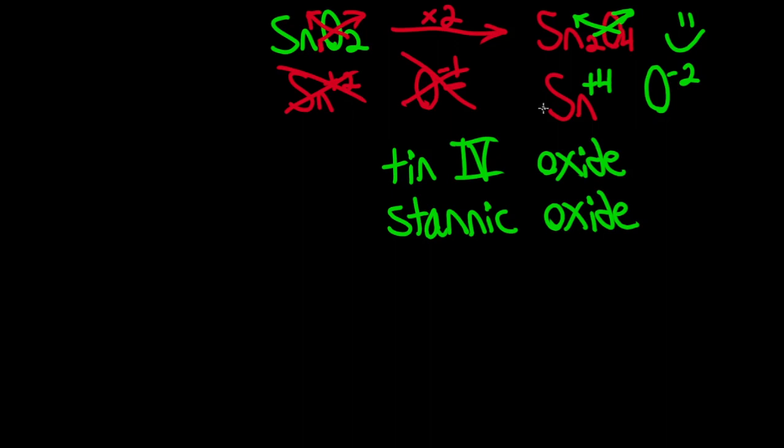With this one, anytime I see an oxygen and I do my reverse crisscrossing and I end up with this -1 charge, that's when I need to start thinking, this is kind of fishy. I need to maybe do some tweaking, and I do that times 2 to get what I'm after, which is ultimately going to be that -2 charge on my oxygen. So that's it for metal oxides.